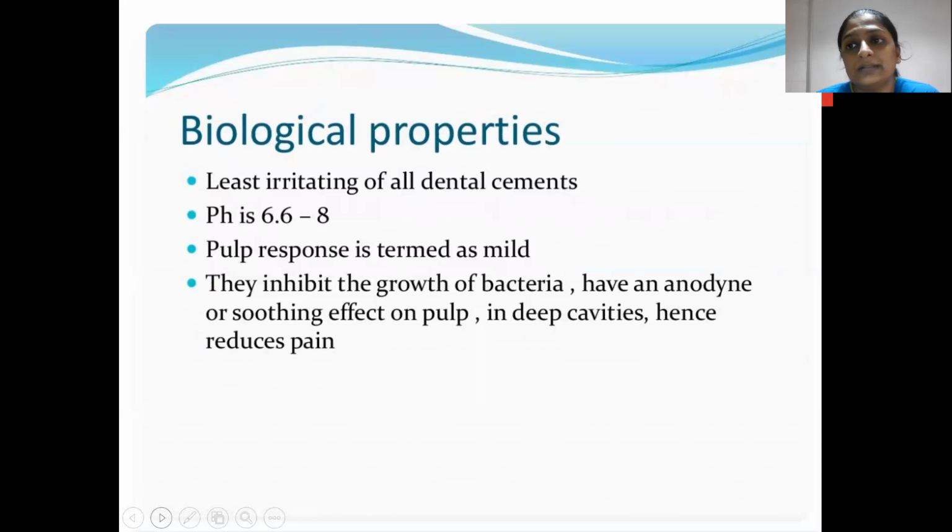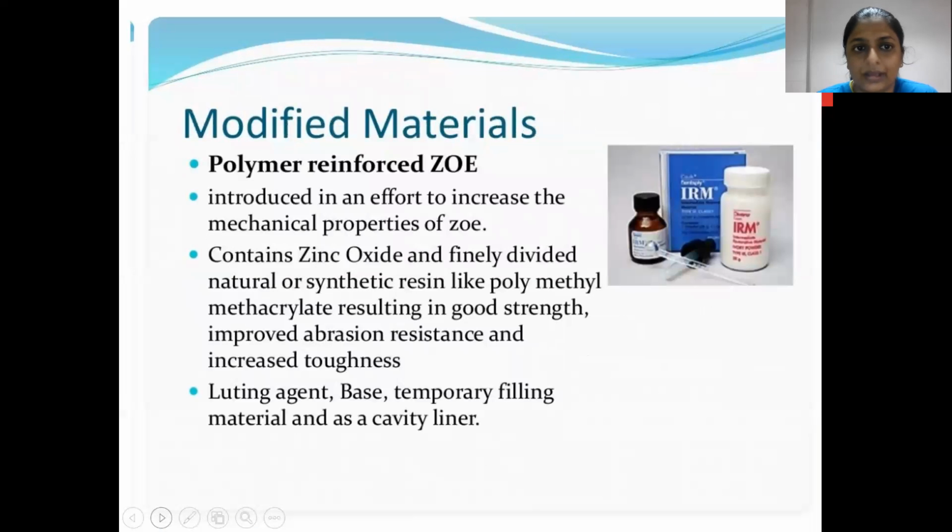Biological properties: out of all the cements that are present, it is considered to be the least irritating, and the pH is 6.6 to 8 once it's set, and pulpal reaction is seen to be mild. They will inhibit the growth of bacteria and have a soothing effect on the pulp in deep cavities, and hence reduce pain.